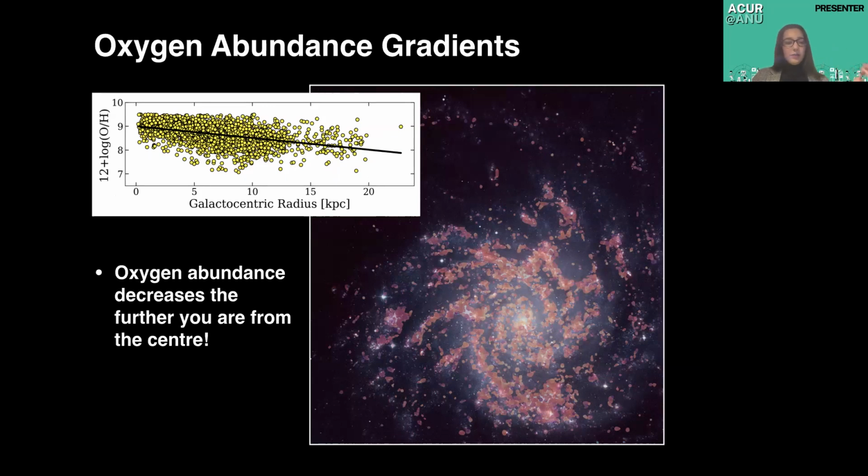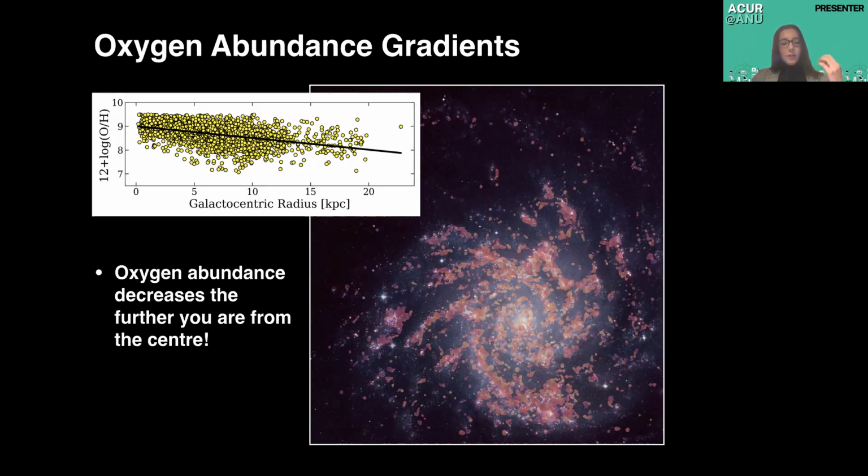Notice that as you get further and further away from the center of the galaxy, the oxygen abundance decreases, or like in the plot before, the data points start out light and get darker and darker as you go further out. This negative radial gradient is directly representative of the inner region of the galaxy being more enriched with heavier elements, and outer regions, which have a lower oxygen abundance, have less heavier elements in those star-forming regions.